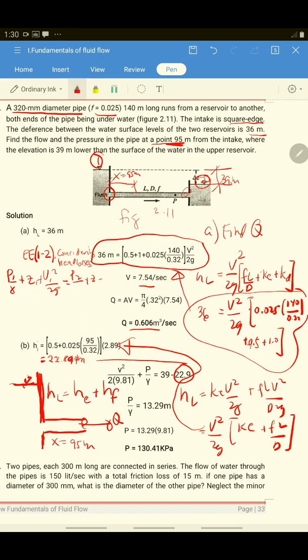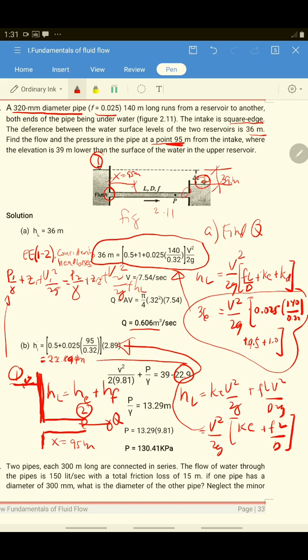So for the sections, this is your section 1 and this is your section 2. So you have P1 over gamma plus Z1 plus V1 squared over 2G is equal to P2 over gamma plus Z2 plus V2 squared over 2G plus head loss.